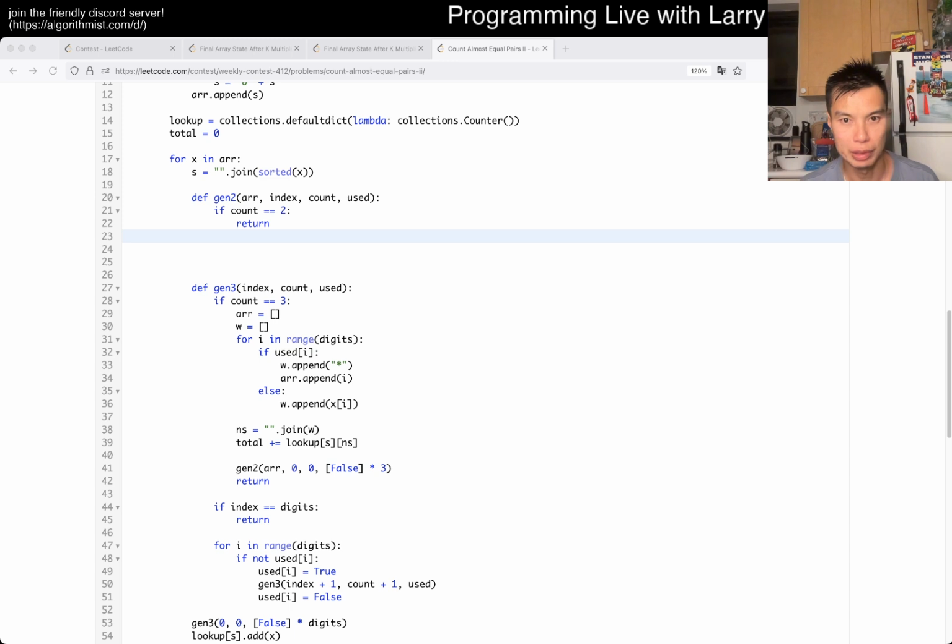I think I could do combinations somewhere. Yeah, why am I writing this? So we have to index these in a way.